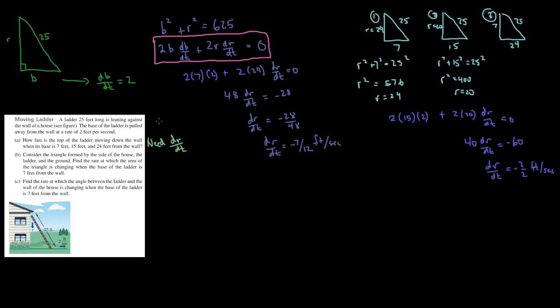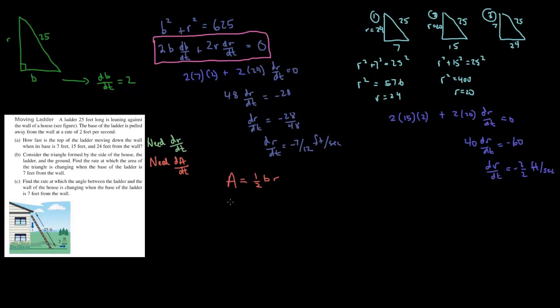So what's area? Now we're looking for how fast the area is changing. So we can say that area A equals 1/2 B times R. One-half BR. So we're looking for dA over dt.